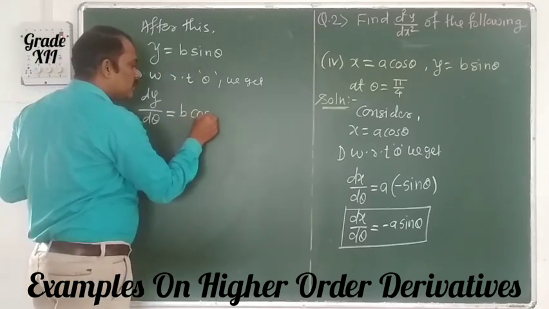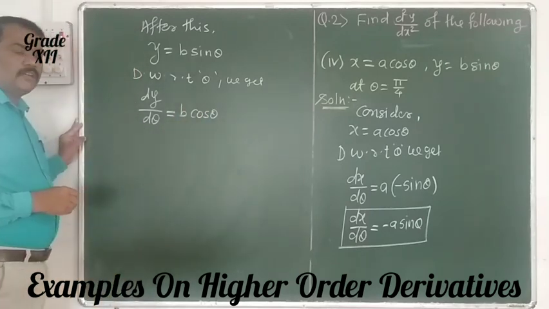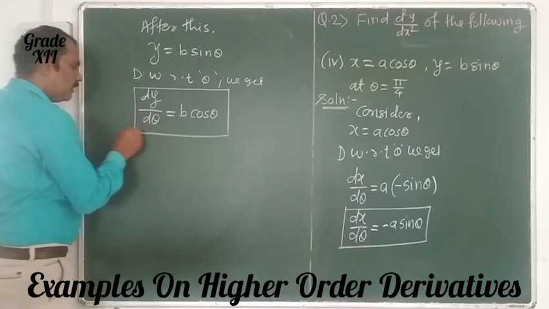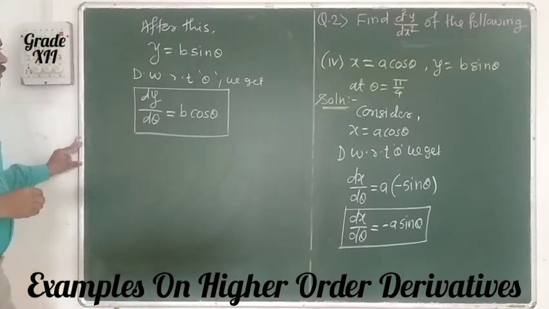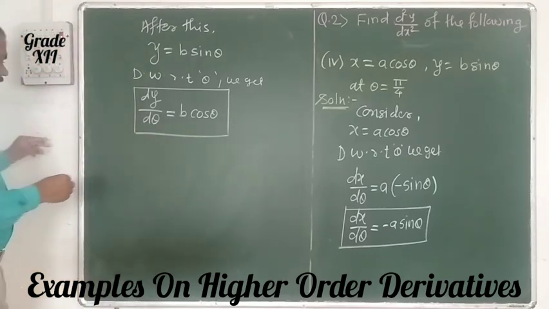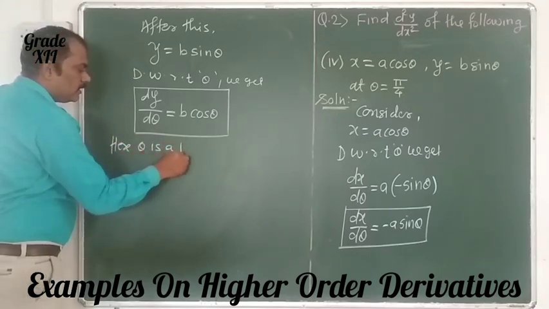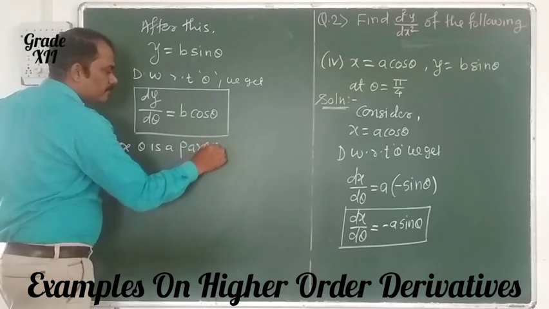Differentiation of sin theta with respect to theta is nothing but cos theta, which is the value of dy by d theta. Now here theta is a parameter.